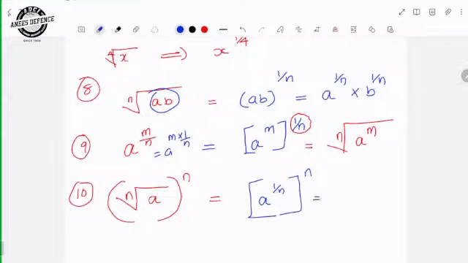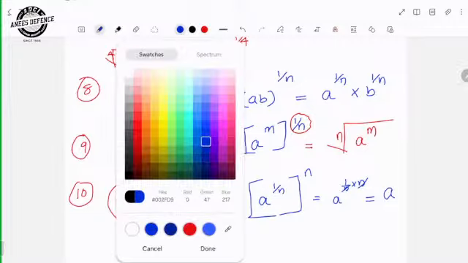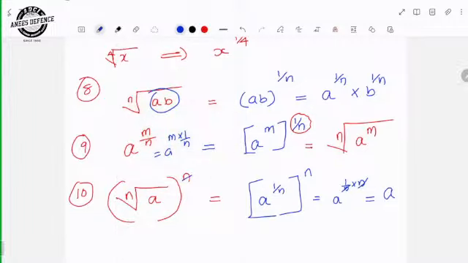So by using the basic identity a raised to m, the whole raised to n is a raised to mn, this can be written as a raised to 1 by n into n, and n cancels, you will get a. That means this n and this under root n get cancelled.